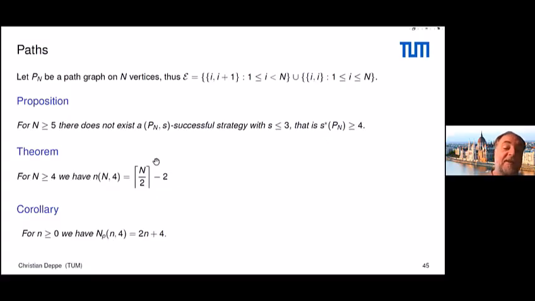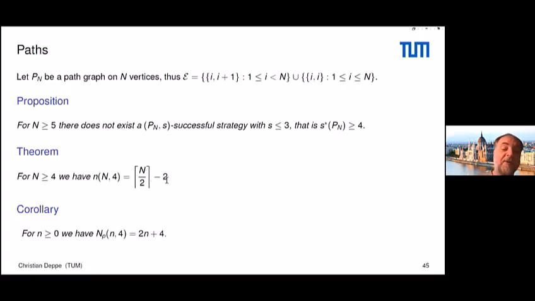And you can think about the strategy which I presented to you. It's just n/2 minus 2, because first it's linear: if you remember, first I asked for half of the elements, and then I reduce this half by 1 in every step. So we need n/2 minus 2 steps.